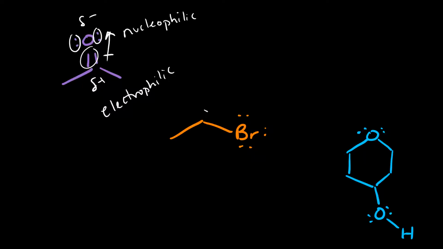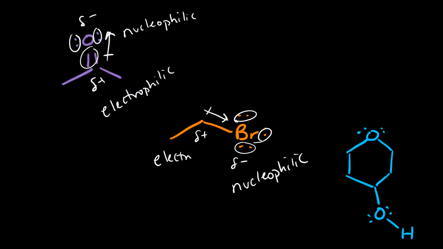Here we've talked about this situation as well. We have a dipole in this direction, delta plus, delta minus. We also have lone pairs here, so we potentially have nucleophilic and electrophilic sites. And then finally here we have lone pairs, dipole in this direction, right?